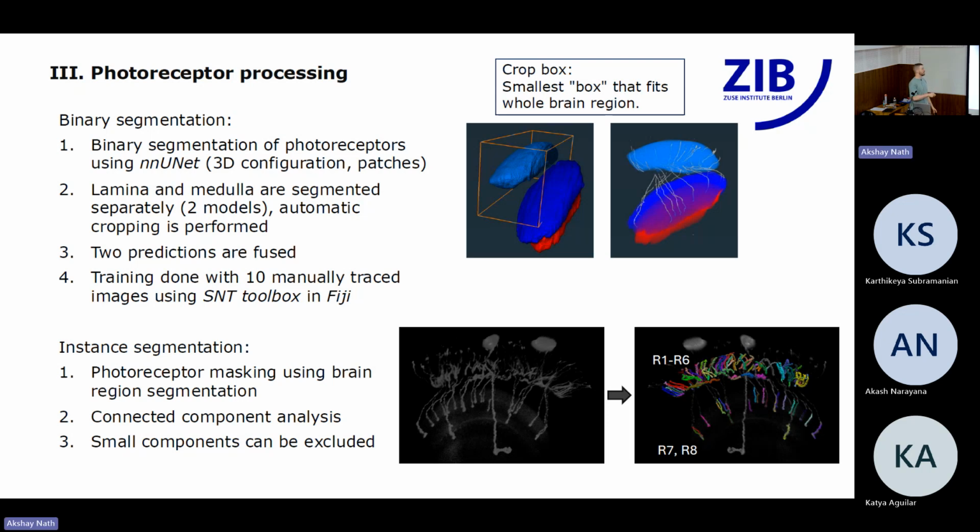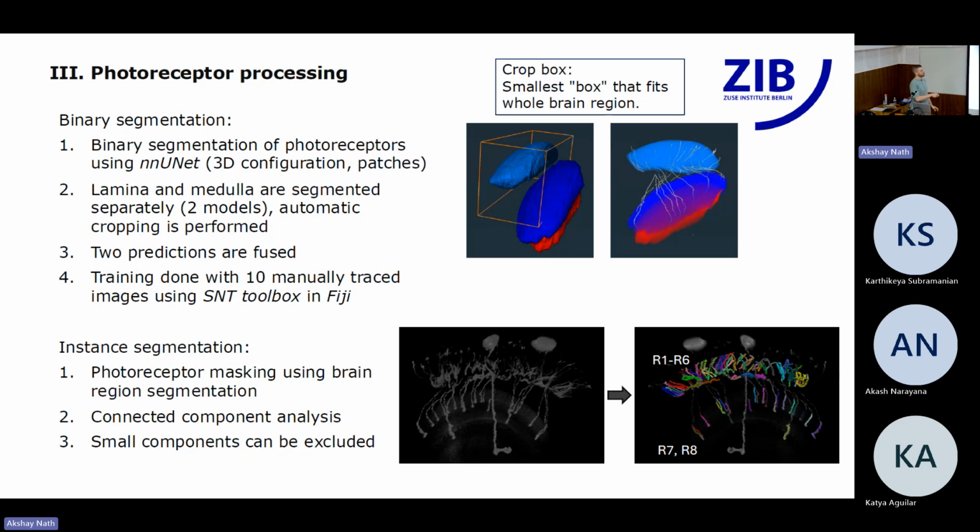So automatic cropping is performed. This crop box is estimated as the smallest box that would fit the entire brain region. Then this crop box is applied to this other channel, the cropped image is used for prediction, and then the entire thing is fused.